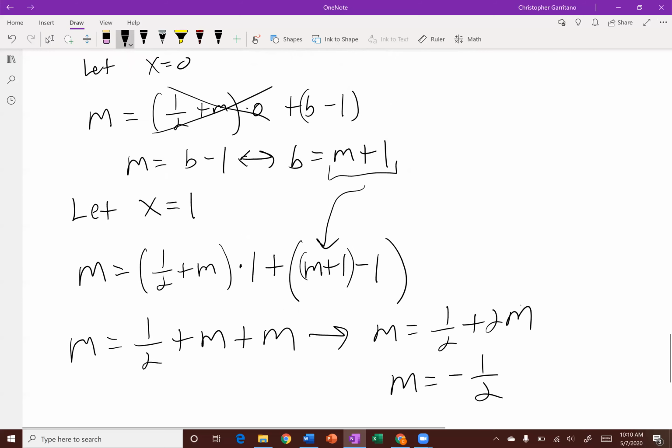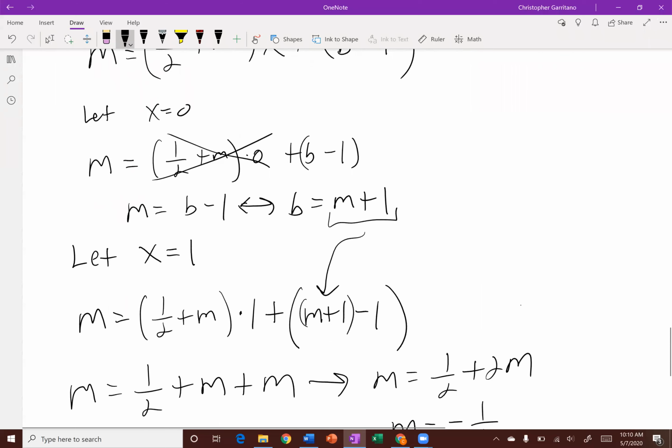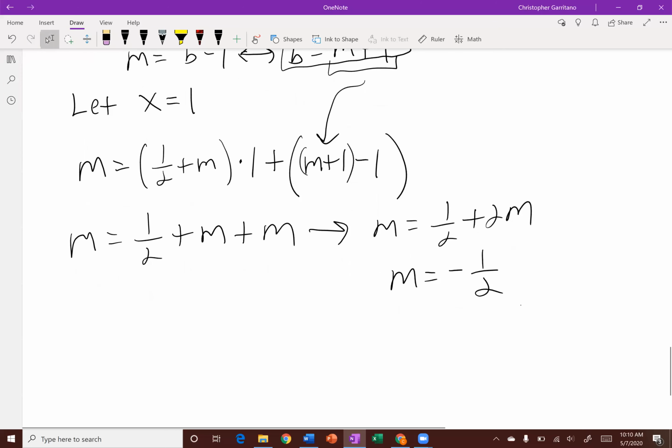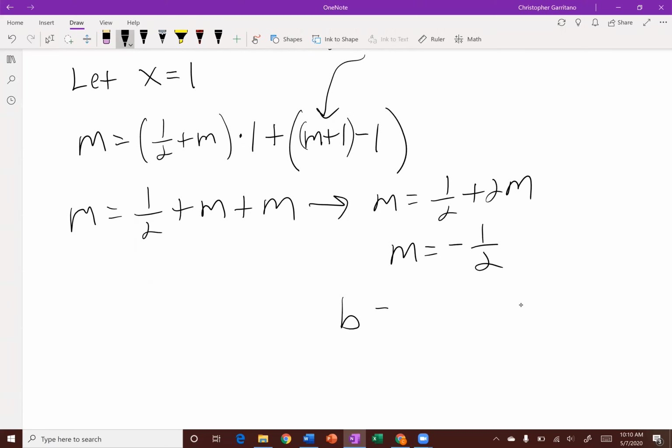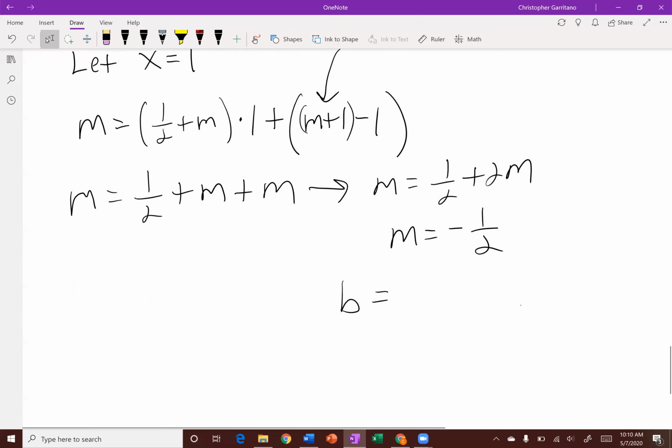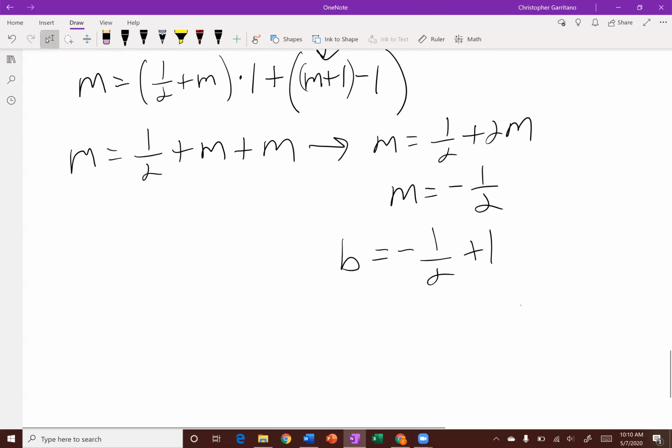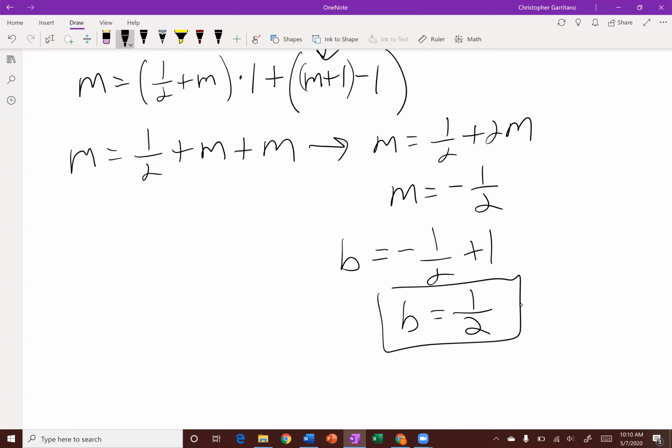I don't have the value for b yet, but I do have this very nice relationship between b and m. So that means b is equal to negative 1/2 plus 1. In other words, b is equal to positive 1/2. And there we have it.